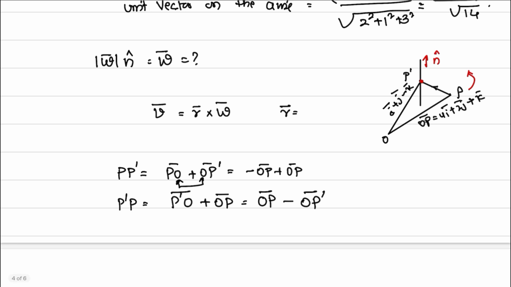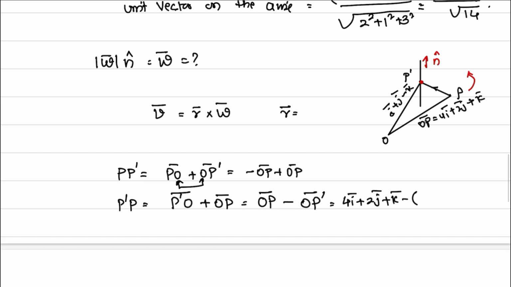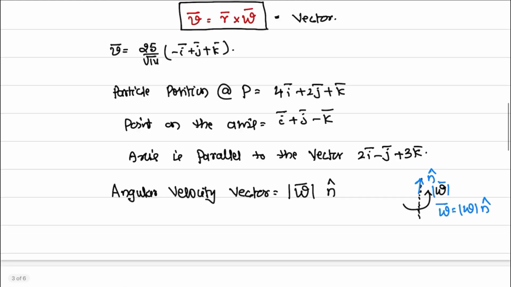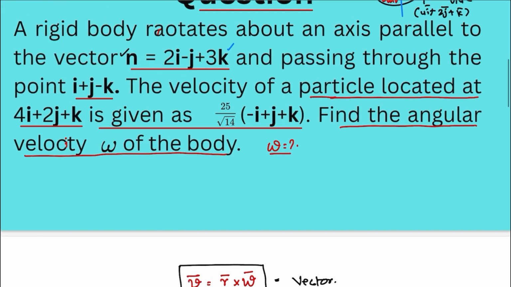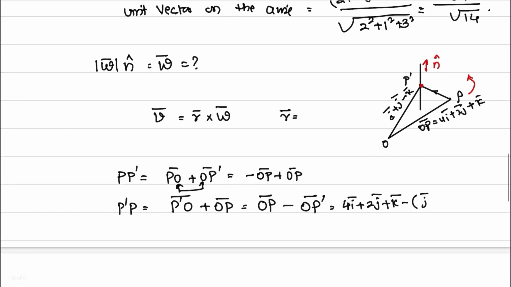What is OP? 4i plus 2j plus k minus the point, i plus j minus k. You should be very careful in writing this. This is very important. With practice only you will get it.